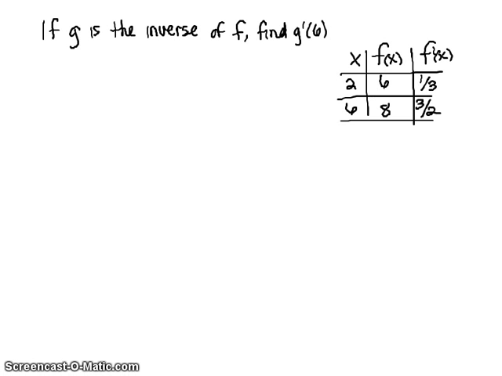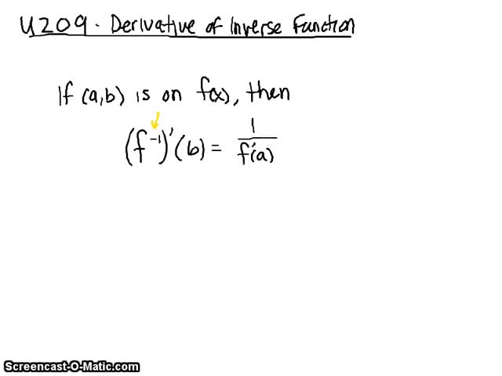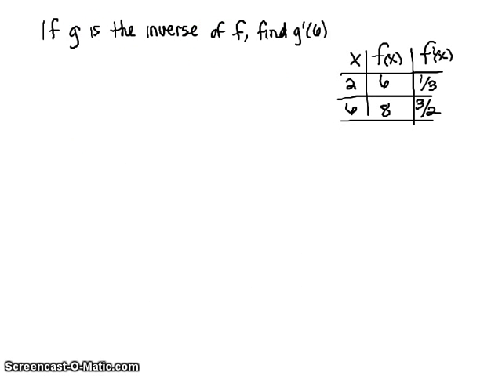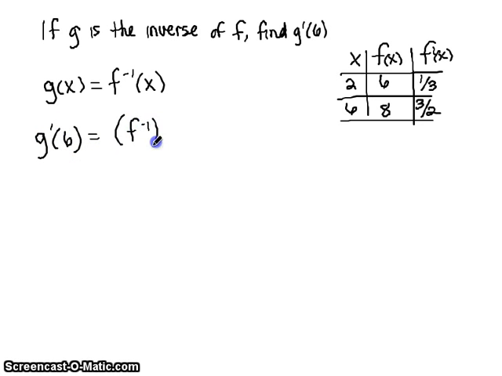So if we think about our rule, everything is in terms of f. We have f inverse prime. So the first thing that I want to do on a problem like this is just go ahead and write out that we know g of x equals f inverse of x. Now, in this problem, they want us to find g prime of 6, which means they want us to find f inverse prime of 6.